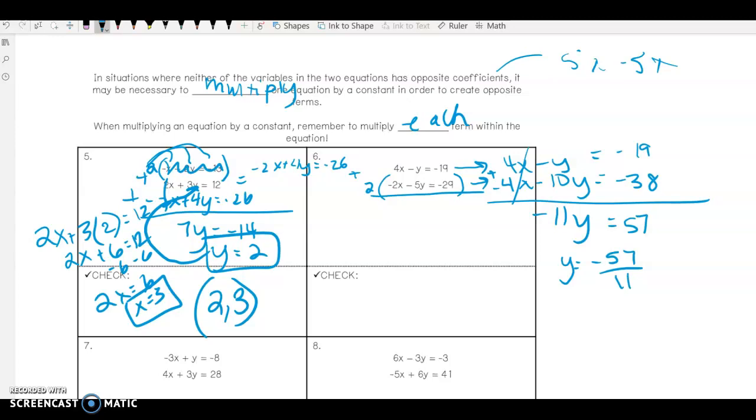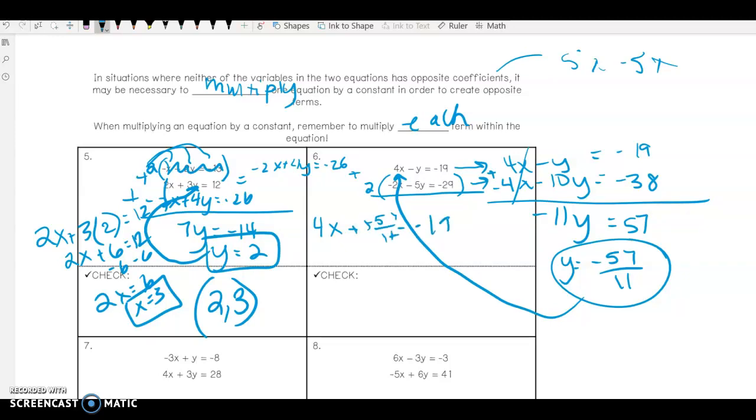Okay, I'm going to plug that back in for x in this equation. So I get 4x minus negative 57 over 11, that's harder, equals negative 19. So I get 4x equals, let's see, when I subtract that on both sides, it's 5.18.